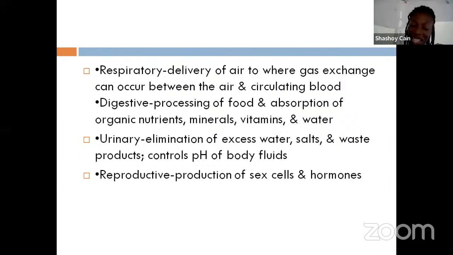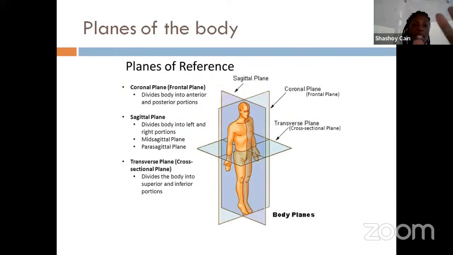All right. So this is the planes of the body. You have the coronal plane, which divides the body into anterior and posterior portions, which is back and front.